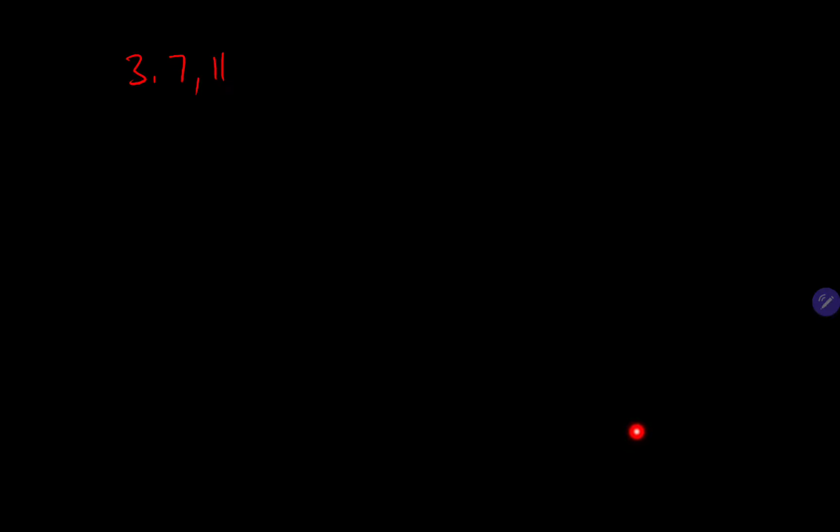Okay, so this is an arithmetic sequence. So we say that the first term A is 3, very important. The common difference D is what? 4.